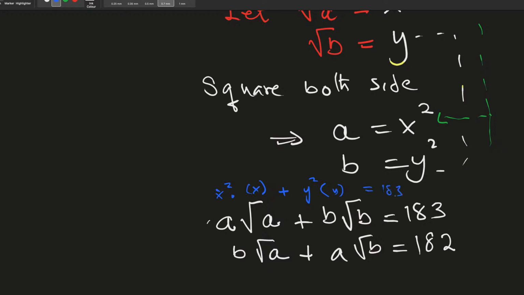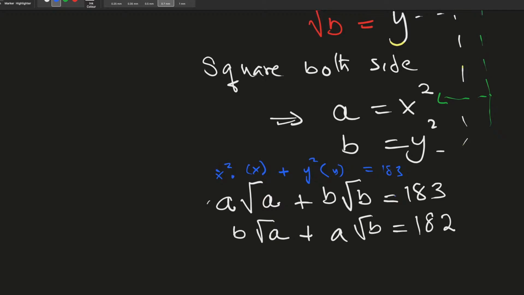So straight on, you see that I can rewrite this equation as I've expanded it. I can now write this equation as x squared multiplied by x plus y squared multiplied by y is equal to 183.